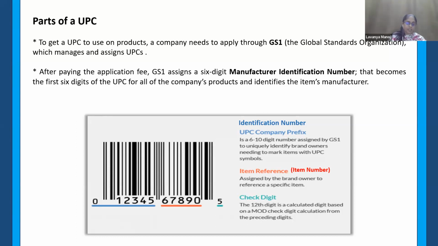The first 6 digits would be the same, that is the company code, but the remaining 5 digits would be the number I have given. The last check digit would be the modulus calculated number, a system calculated number. So this is how you will get the UPC code. Clear?